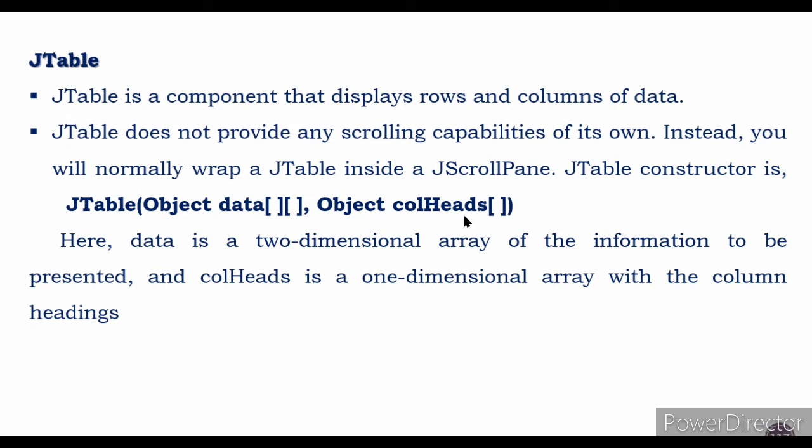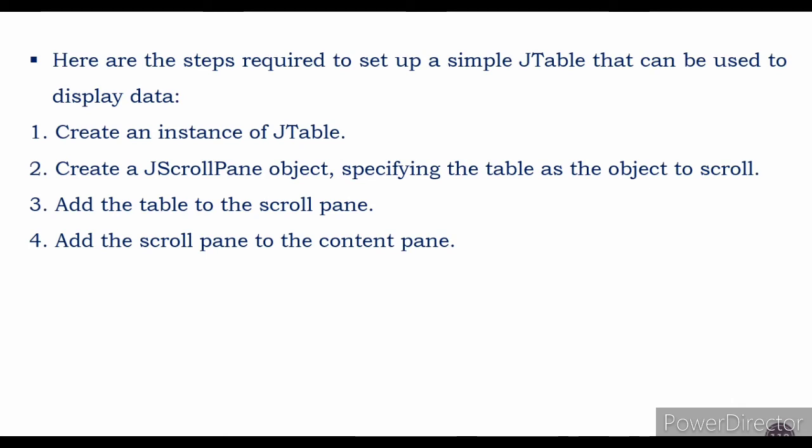It takes the column headings and whatever data we want to store in those columns, all of type object, and it creates a two-dimensional array. Here are the steps required to set up a simple JTable that can be used to display data.